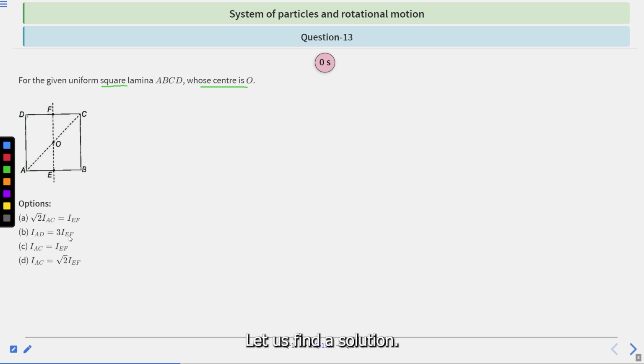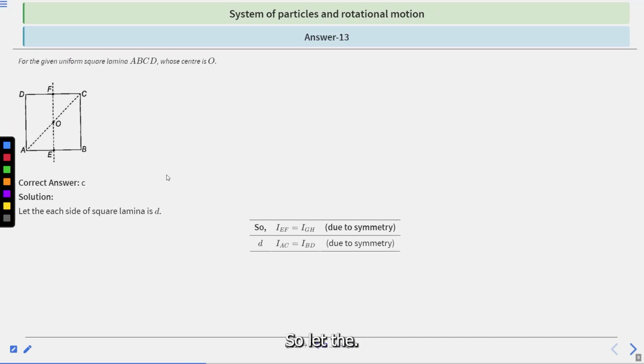Let's find a solution. Let each side of the square lamina be d. Each side AB, BC, CD and DA of the lamina is d. So IEF is equal to IGH due to symmetry.